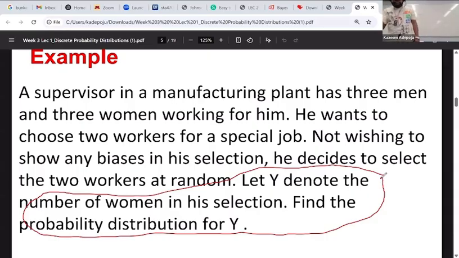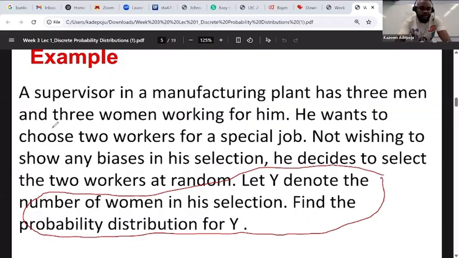And don't forget, how many people does he want to choose? He wants to choose two, right? If I want to talk about the number of women in the selection, it could be 0, it could be 1, it could be 2. Does that make sense? Because he's choosing two people.